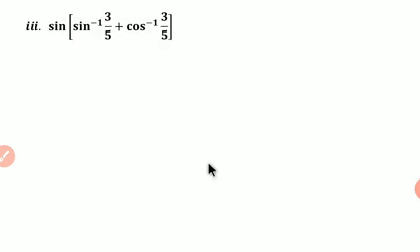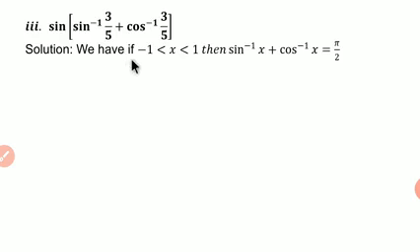So now see this third example: sin of sin inverse 3 upon 5 plus cos inverse of 3 upon 5. Now we know one property of inverse trigonometric functions: if minus 1 is less than x less than 1, then sin inverse x plus cos inverse x is equal to pi by 2.